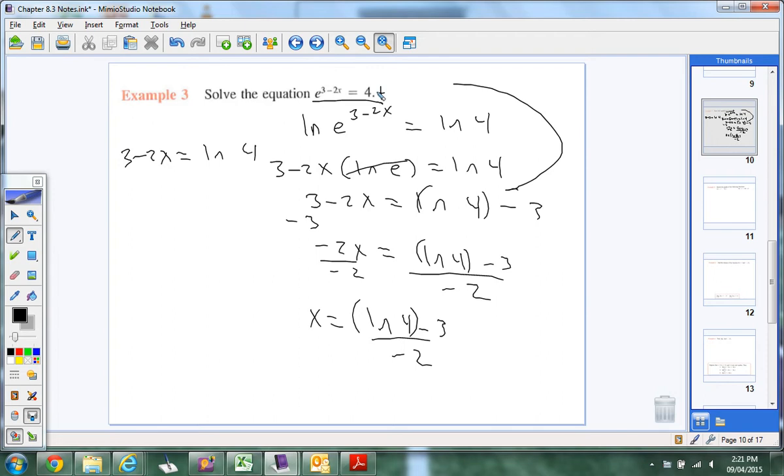Logging both sides is the same as doing ln both sides. Ln's and logs are both logarithms. Ln is just specific to e. So whenever you have bases of e, you want to use ln and not logs. But if you have a number, you want to use logarithms.